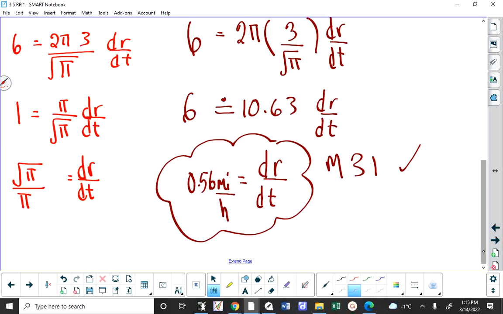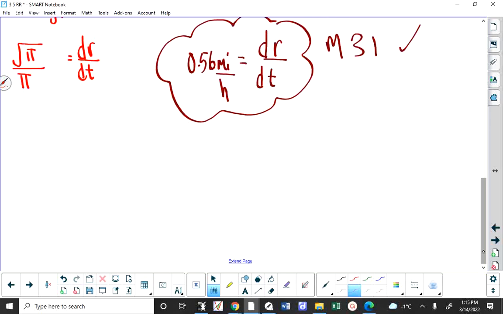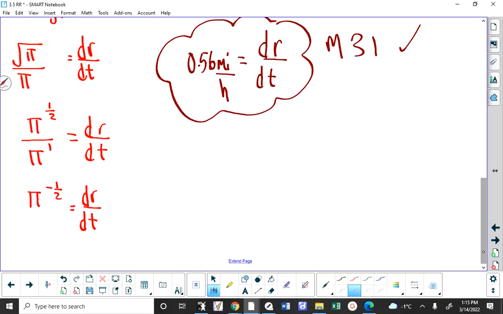So the root pi was on the bottom. I moved it to the top by multiplication. Then dr/dt equals pi to the half over pi to the 1. And I can subtract the exponents and get dr/dt equals pi to the negative half. Or how many of you would just cancel a half and say 1 over pi to the half?